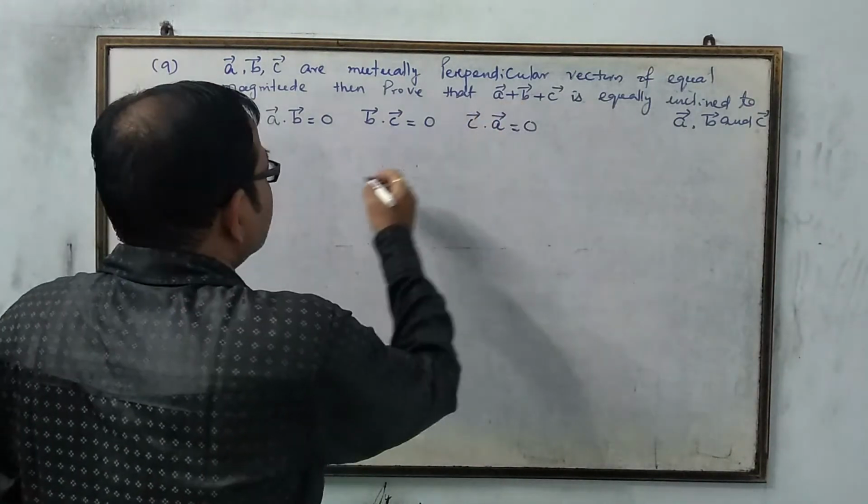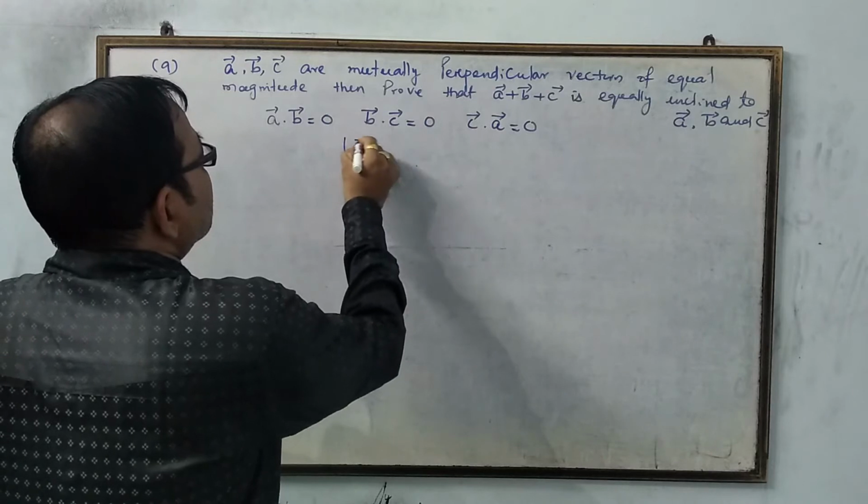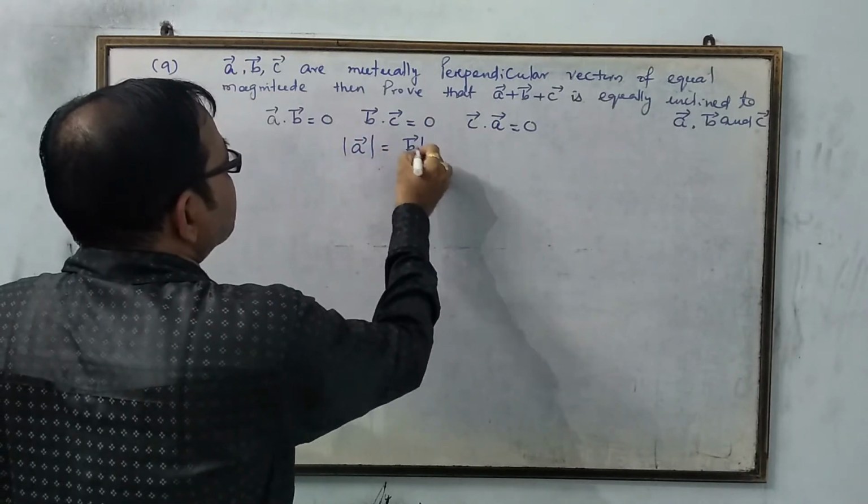Then another condition is that the vectors are of equal magnitude.